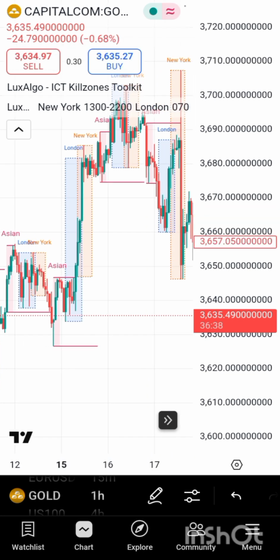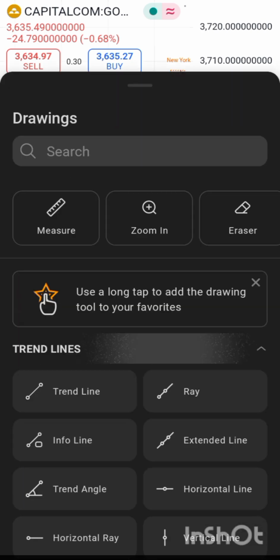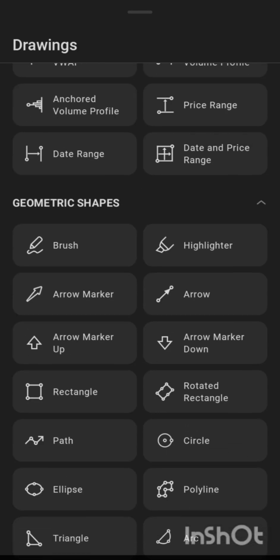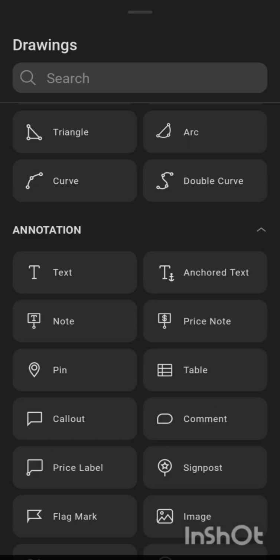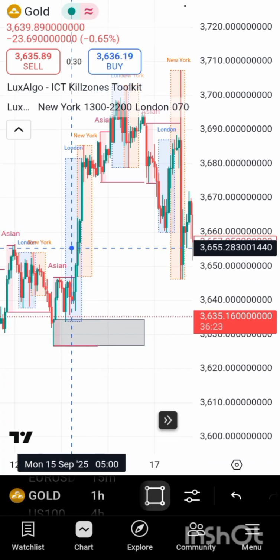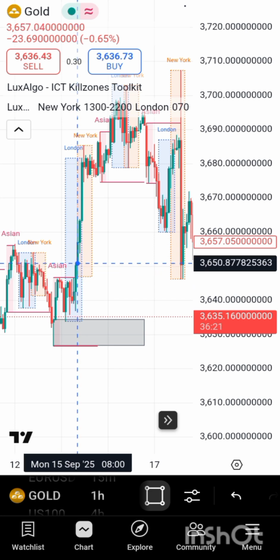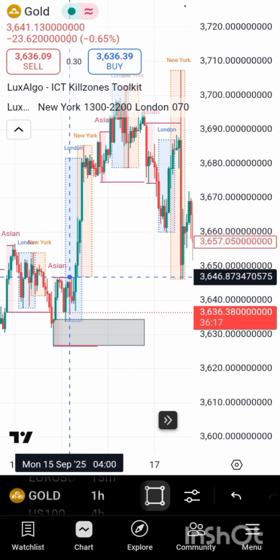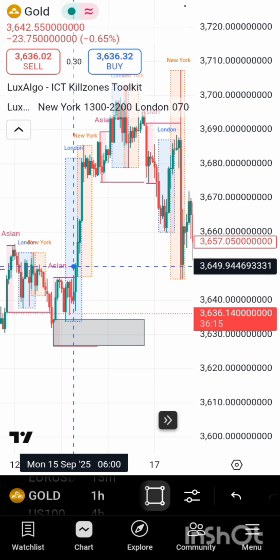Let's look for another zone that we are going to be marking on our charts. You see this impulsive move right here. Before this impulsive move happened, this was the last candle.